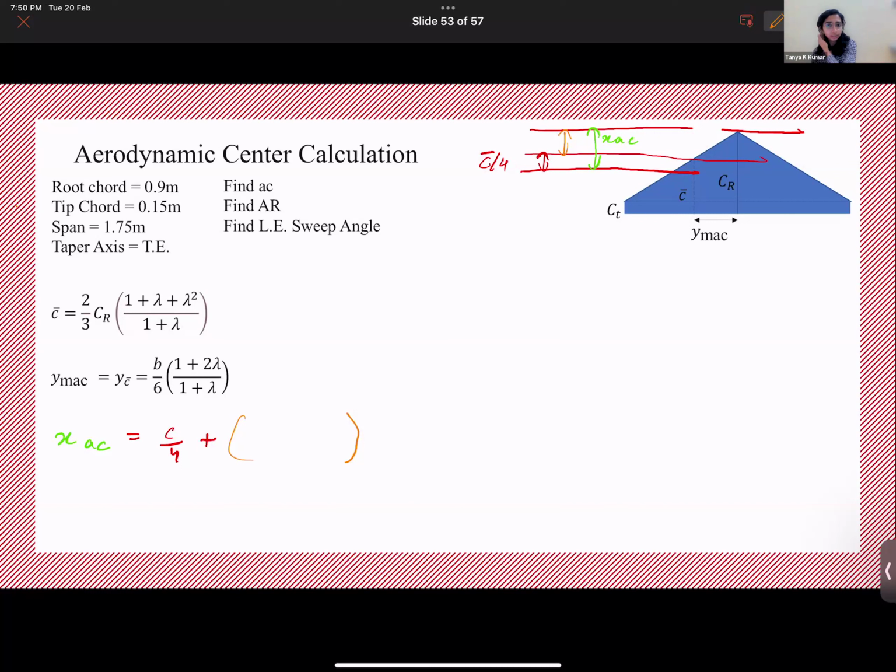Okay, so what is the distance in orange? Can someone tell me? What is the value?